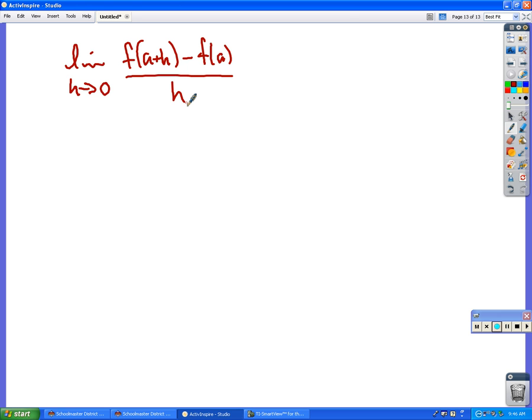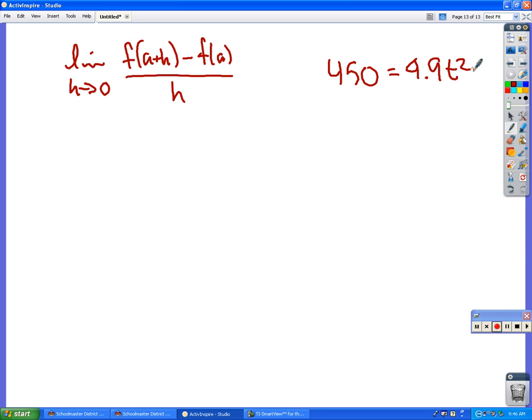How long does it take to hit the ground? The tower was 450 meters, and we know that it goes 4.9 t squared. So we just need to solve this for t.